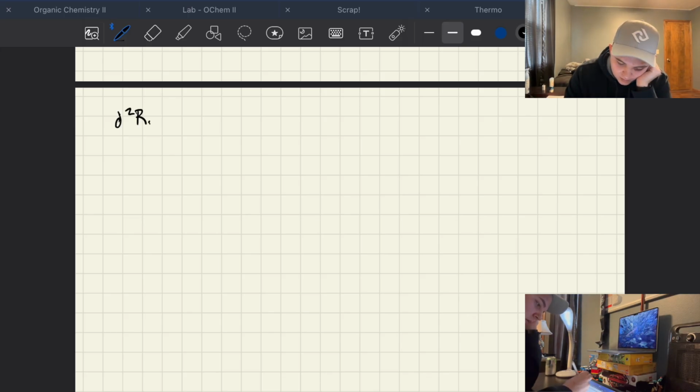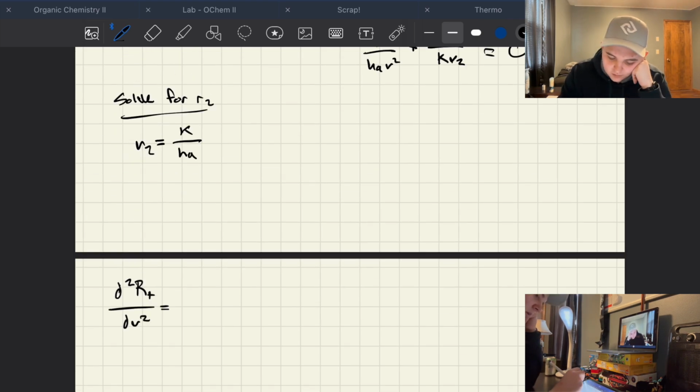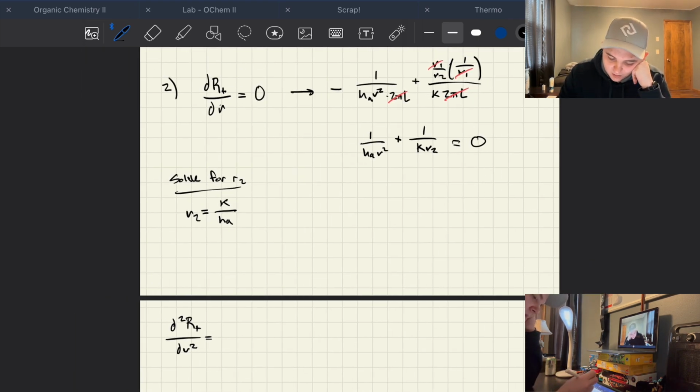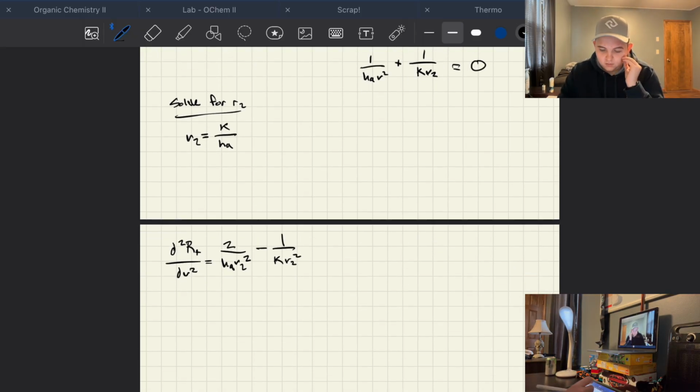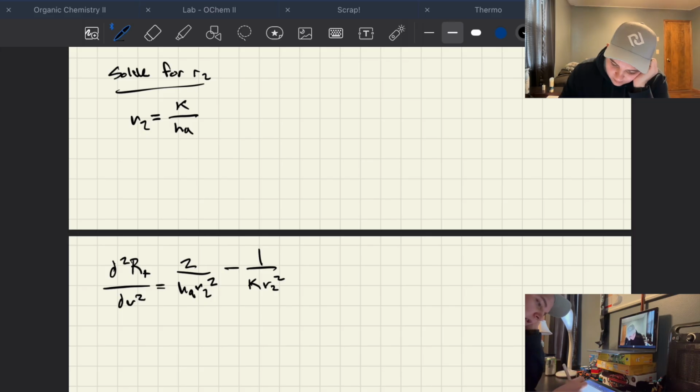So do the second derivative now, and that will be equal to 2 over HA R2 squared minus 1 over K R2 squared. Okay, looks good. And then now all we have to do is just plug in. We're going to use this R2 in these values, so just do that quick.